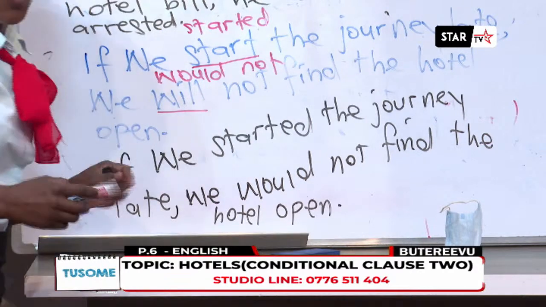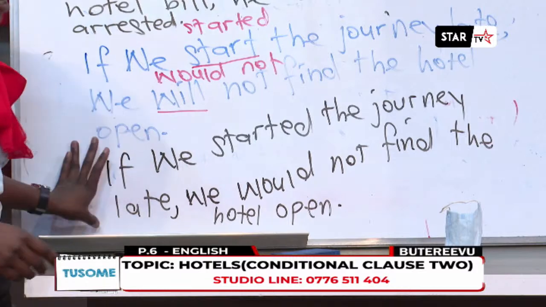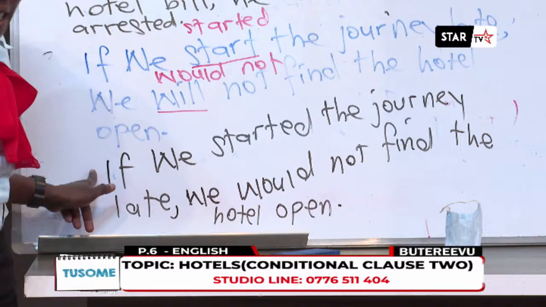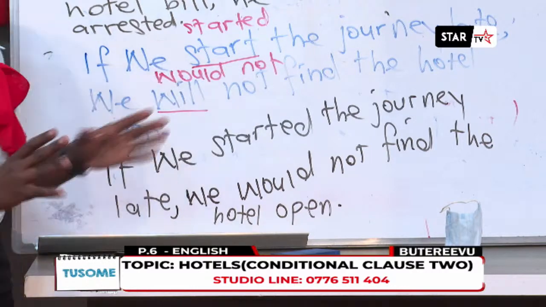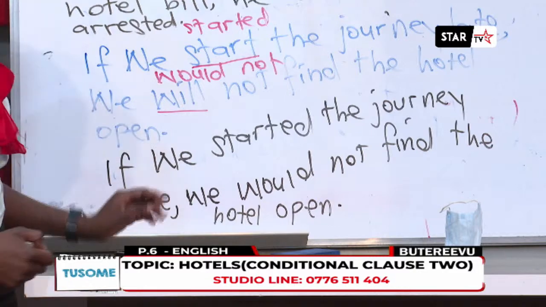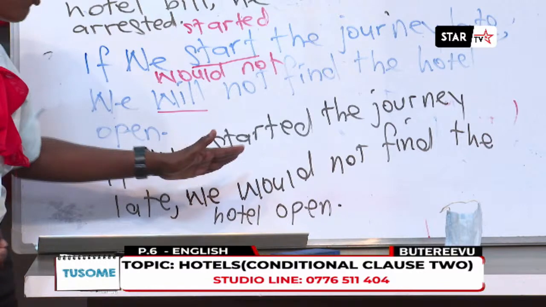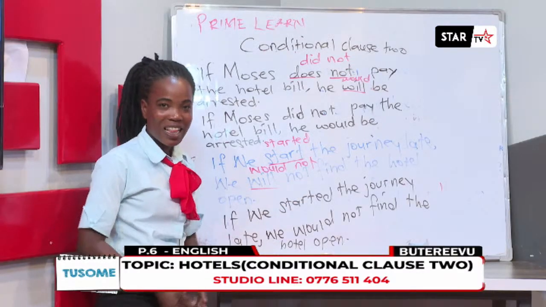I believe you are following and you are learning greatly. My precious viewer, we can still do the same. We can use if within the sentence, however, not clearly. Once we use if within the sentence, we shall not need a comma at all. Therefore, if I try to use if here, I will have to say, we would not find the hotel open if we started the journey late.